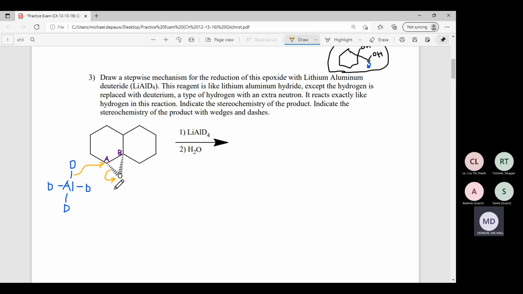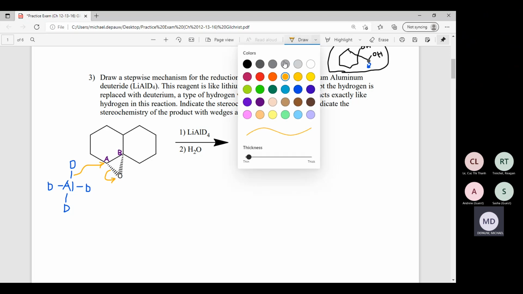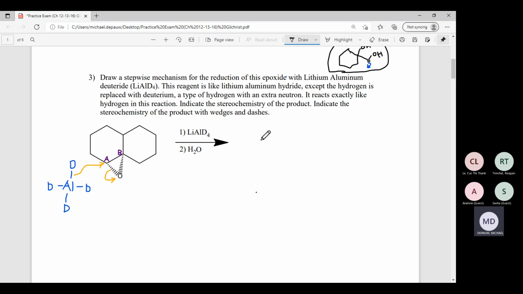Now, if it attacks from the opposite side, then that means we're going to end up with the deuterium atom being what? Is it going to be a wedge or a dash? A wedge. Yep. And the oxygen, the O minus, is that going to be a wedge or a dash? It'll remain a dash, won't it? Yep, it'll remain a dash because it's basically just being kicked out and over.